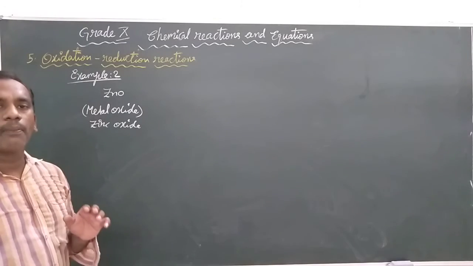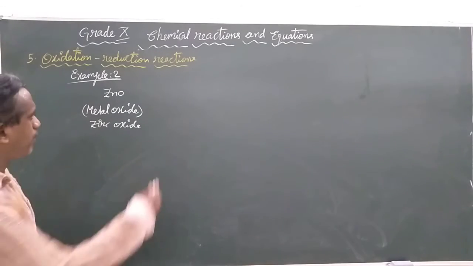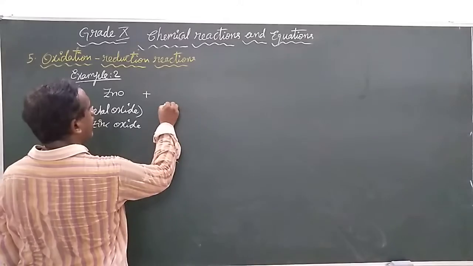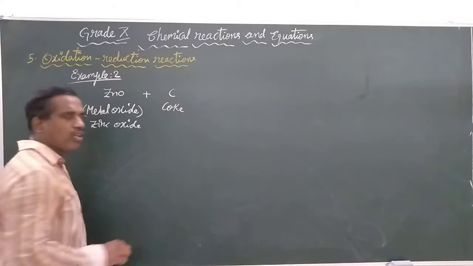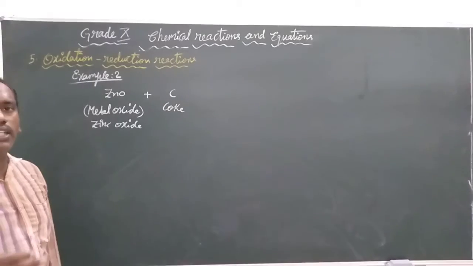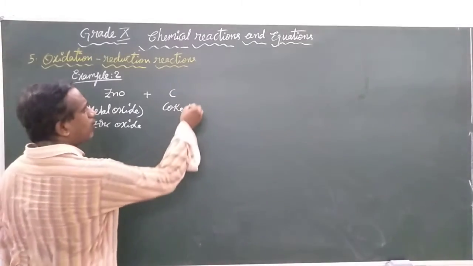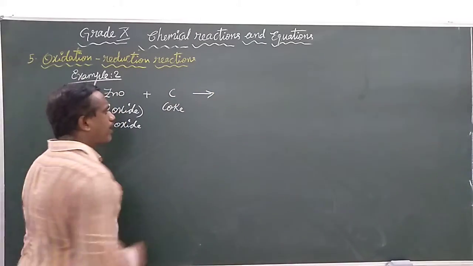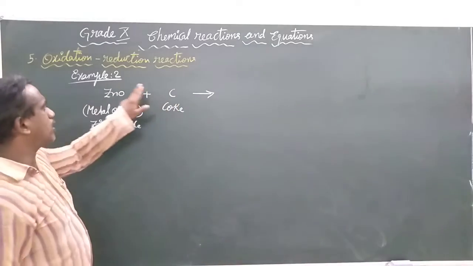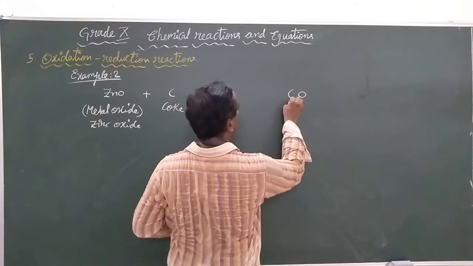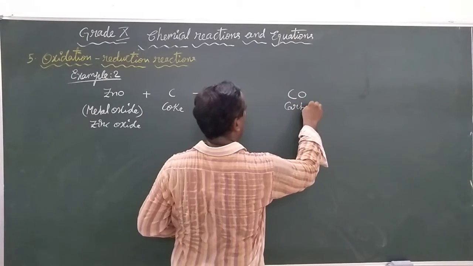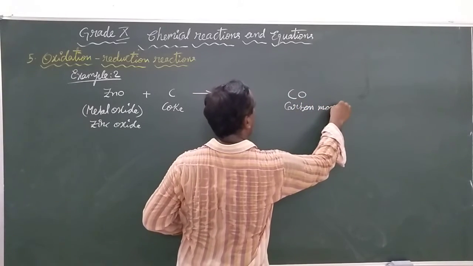When we add coke to the zinc oxide, the carbon will take out the oxygen, forming carbon monoxide.